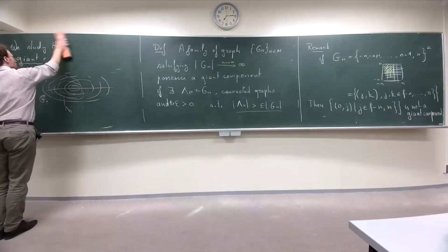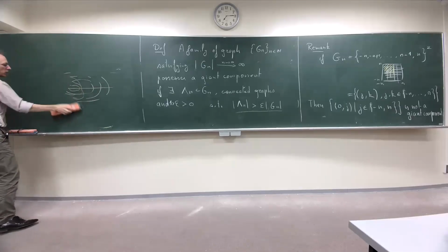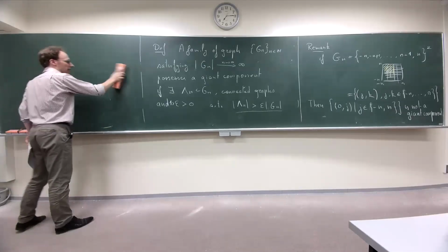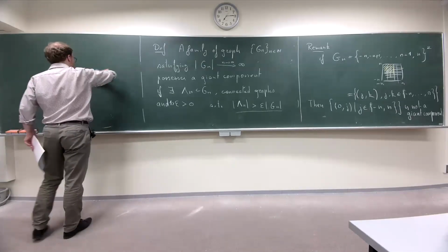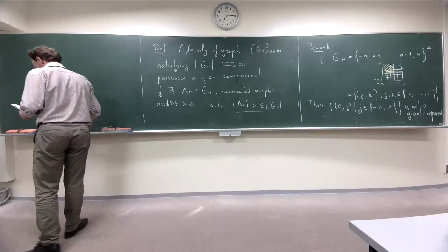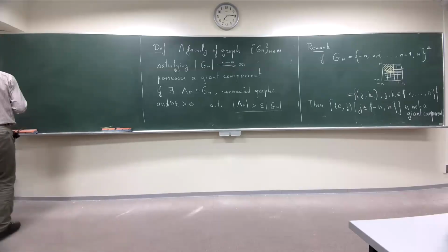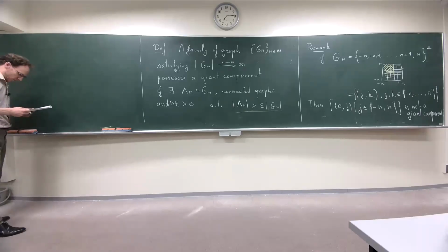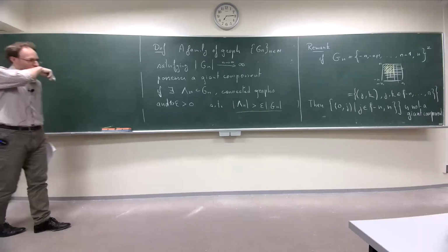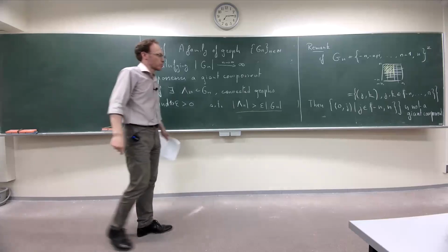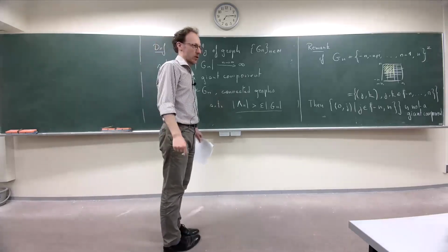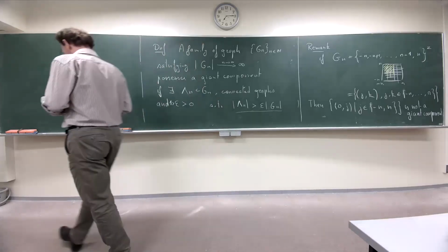So this is a definition of a giant component. It's something growing at the same speed as the family of graphs. So we want to compute the probability of existence of such a giant component.